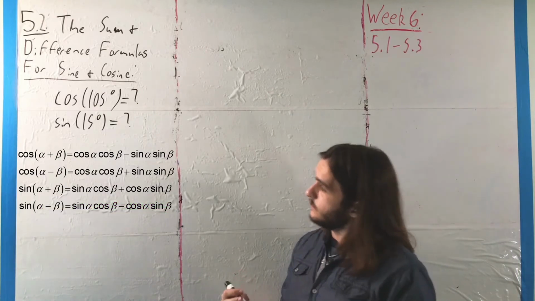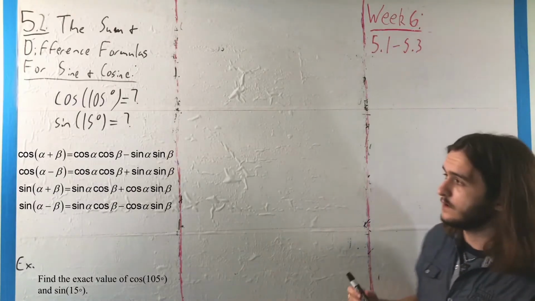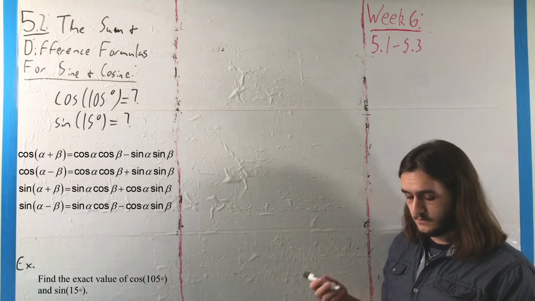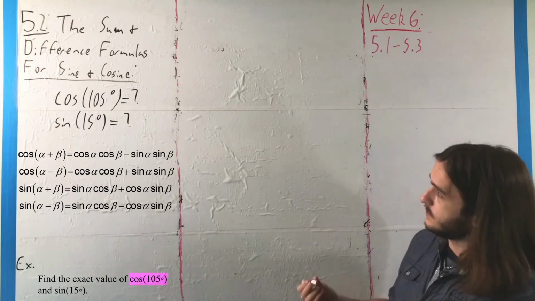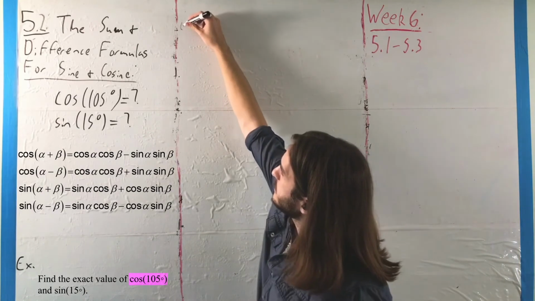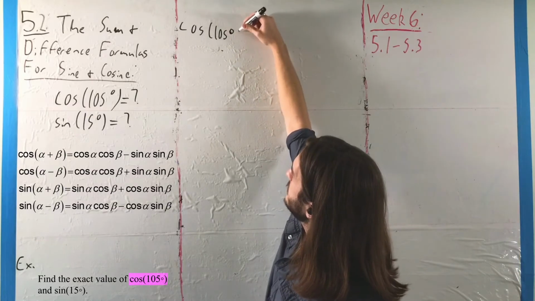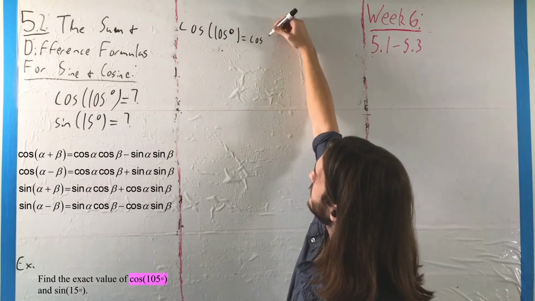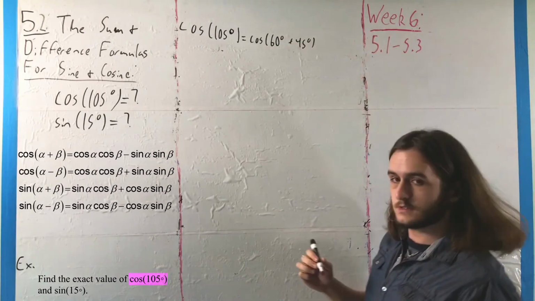So, if we want to use those to find the exact value of cosine of 105 degrees and sine of 15 degrees, we have to recognize where these fall in terms of our formulas. For the first case, cosine of 105 degrees is the same as cosine of 60 degrees plus 45 degrees.